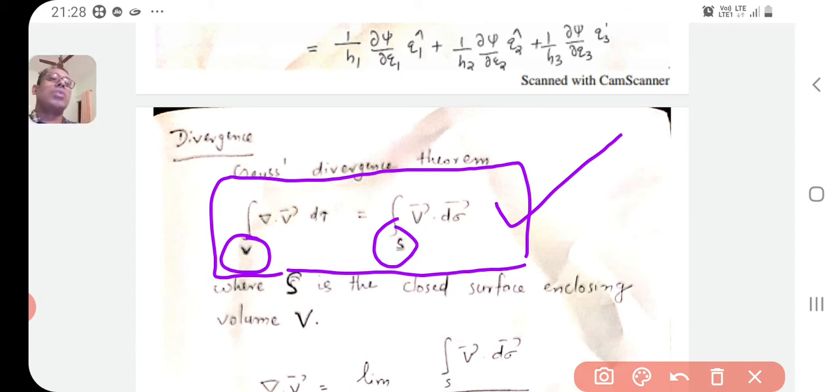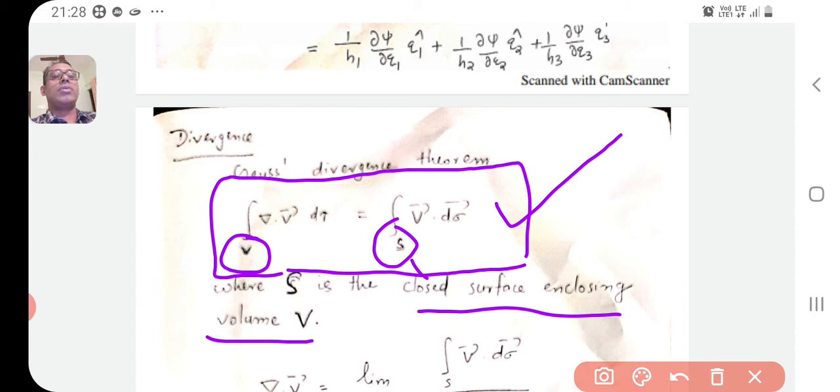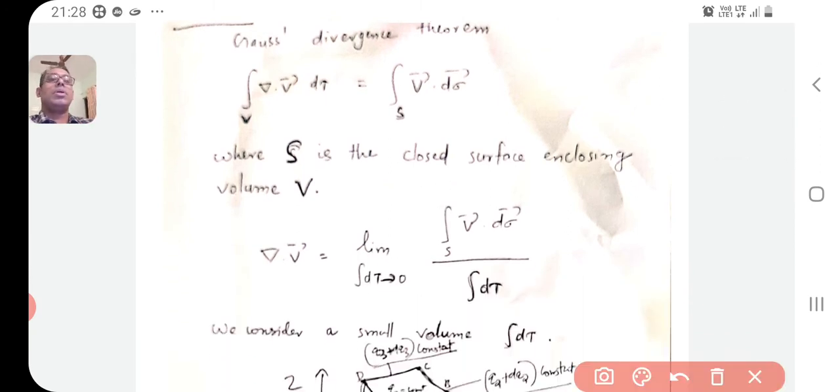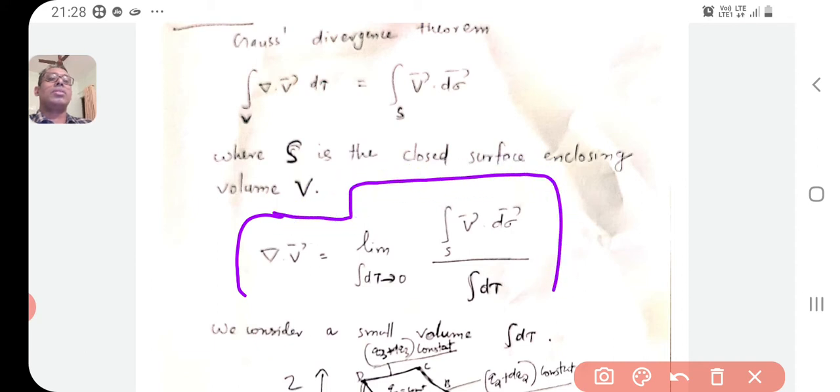And S is the closed surface enclosing the volume. So del dot V is equal to limit d tau tends to 0, integral surface V dot d sigma over integral d tau.